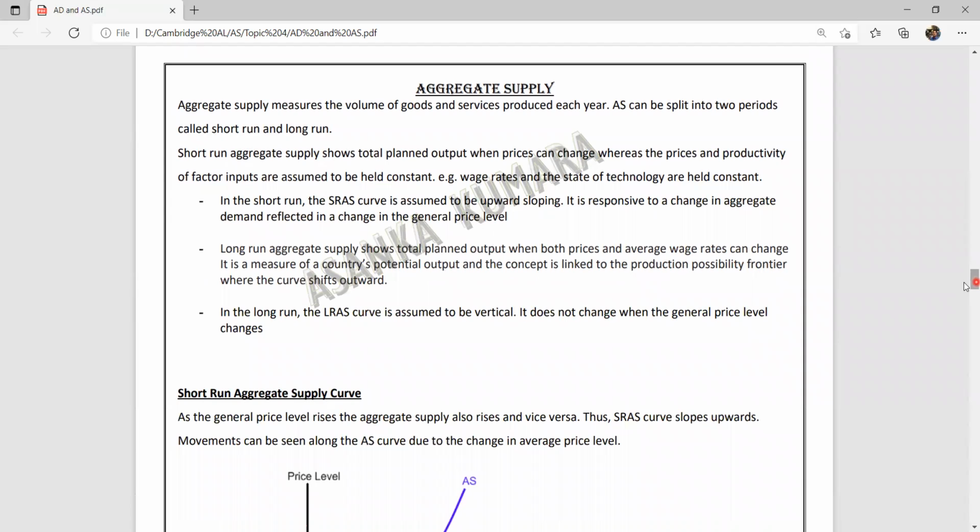Right after aggregate demand, we will look at the next component called aggregate supply. Here, aggregate supply is the total volume or total supply of goods and services.